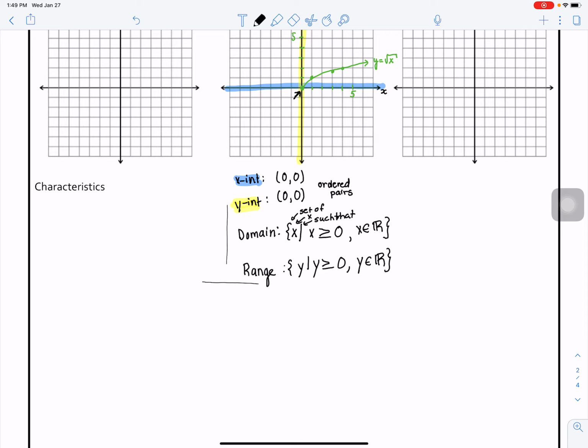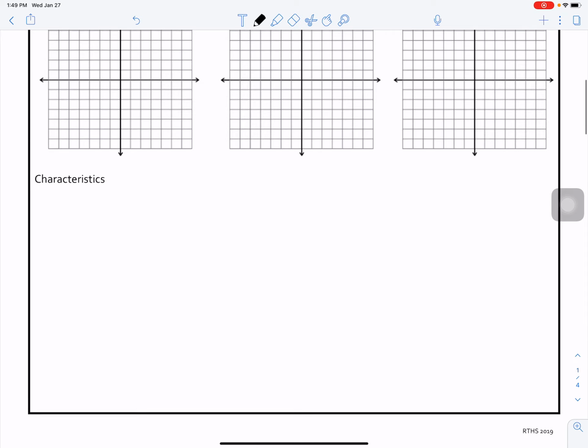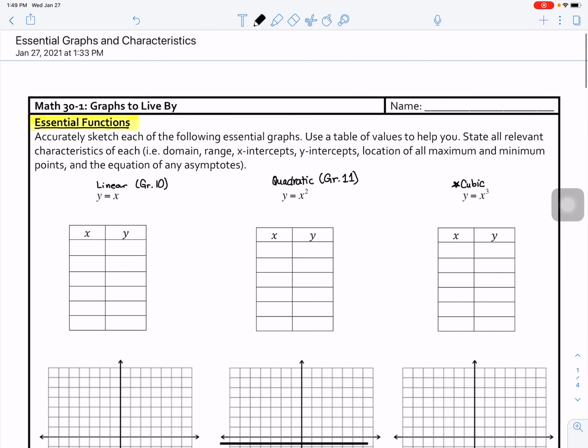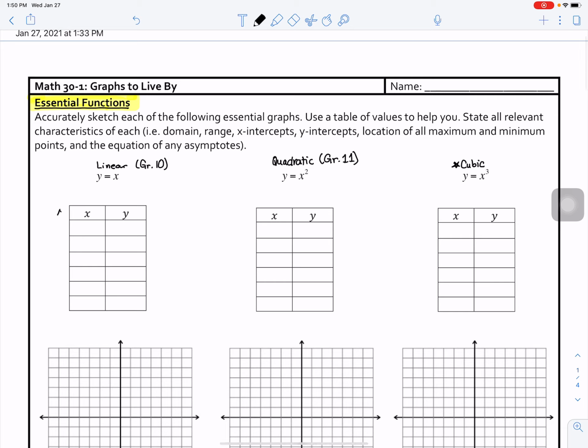So you're going to state all the characteristics. Again, what I'd like you to do is go through the linear graph, set up a table of values, and make sure you take a variety of numbers that can be possible for x in each scenario. When you compute the y, make sure you sub it into the function.